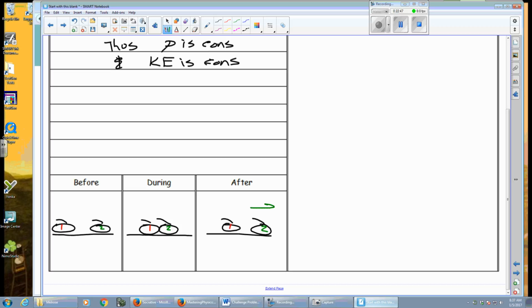So, momentum of 2 afterwards. Impulse of 1 on 2. Momentum of 1 before. Impulse of 2 on 1. I'm going to predict that... are they the same?